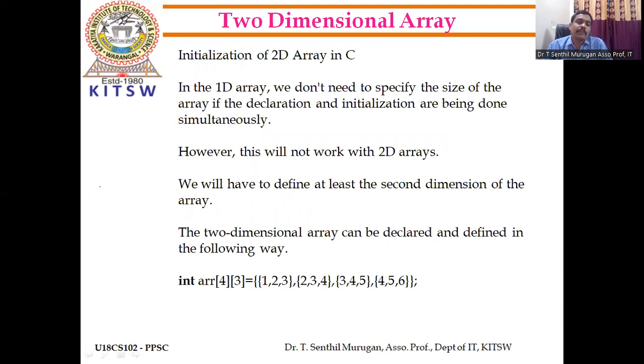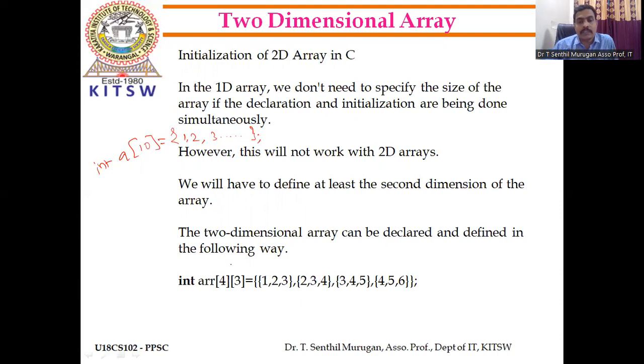Now, how to initialize the values for a two-dimensional array? In one dimension, for example, if the array name is A and the size is 10, we use open curly braces and give 10 values separated by commas, as we discussed in the previous video lecture.